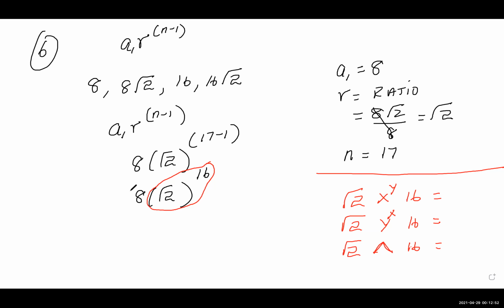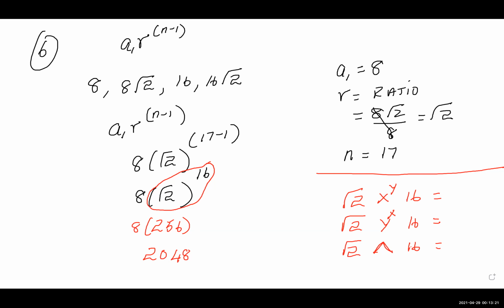Okay, it gives me 256. If I times it by 8, that'll give me 2048, and that's the right answer. So important thing is you have to do this first before you multiply it with 8. Okay, that's problem number 6.